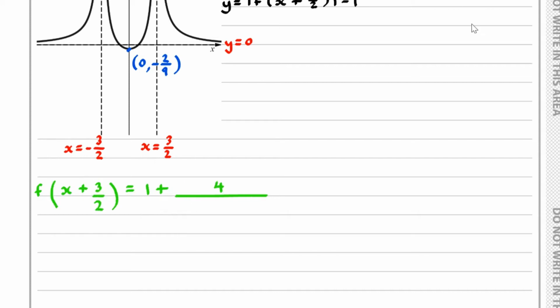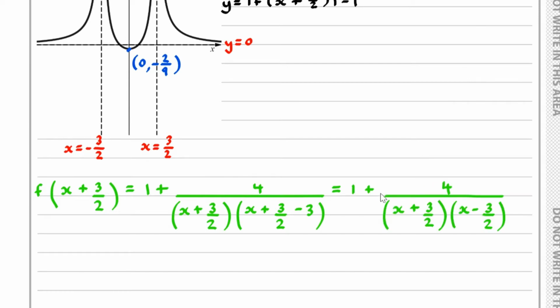So let's rewrite this. And then we have x plus 3 over 2 subtract 3. And so simplifying, we would have 1 plus 4 over x plus 3 over 2 multiplied by x subtract 3 over 2.